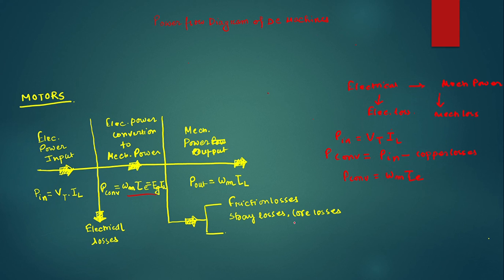Now the output power will be omega m into load torque, right? So the output torque that is being generated is actually the converted power minus the core loss, mechanical and stray losses.